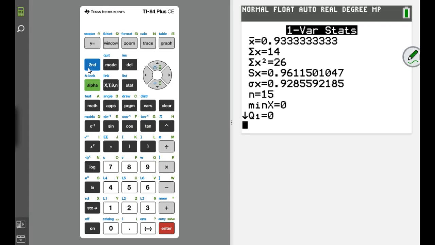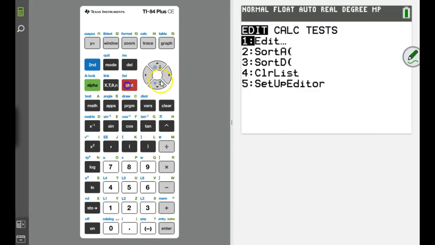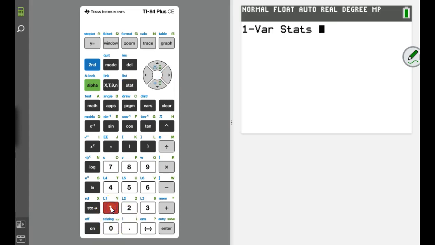If you go on your home screen, do stat. If you go stat right arrow 1, then type, you don't have a parenthesis, you're right, but do second, and then list 1, comma, list 2, but mine are in 3 and 4.